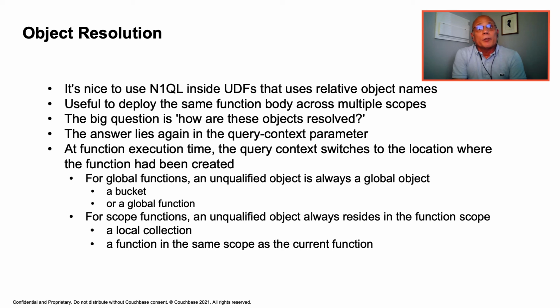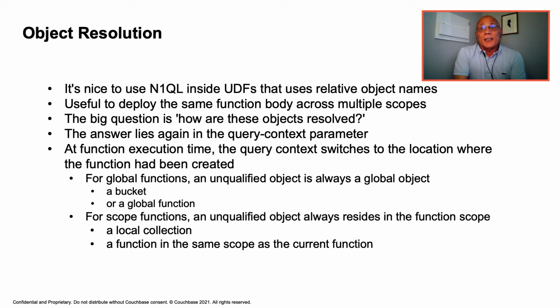If you had created a scope function, the query context will switch to the scope of that function. So for a global function, an unqualified object is always a global object: either a bucket, if you're referring to a keyspace, or a global function. For scope functions, it's always a local object to the scope in which that function had been created. If you're using fully qualified names, there's no ambiguity. It literally is what you say.